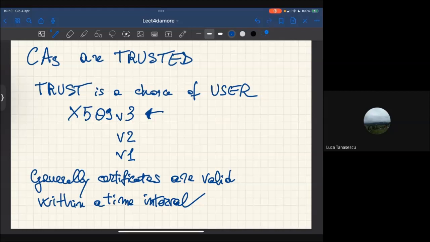But the real reason why digital certificates are expiring is that you have to pay for getting a certificate today. The business model is that the certification authorities, they are asking to be paid for emitting digital certificate. So digital certificates are expiring because certification authorities want to be paid again later.